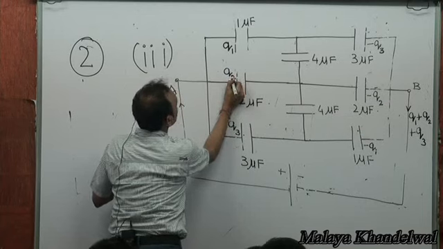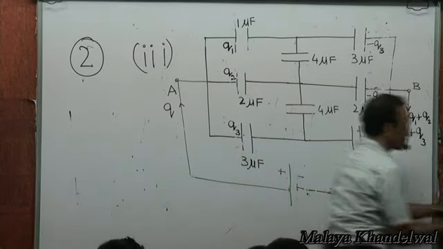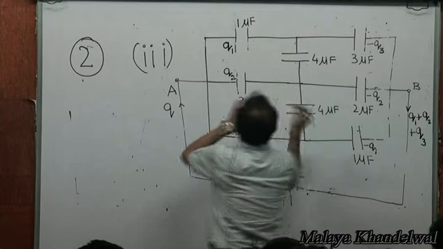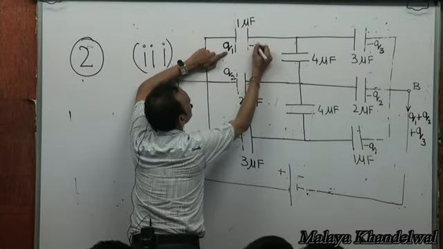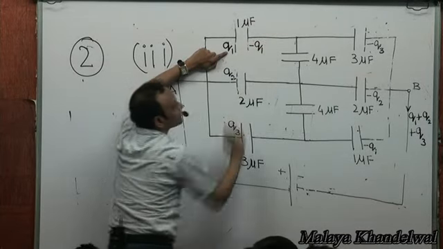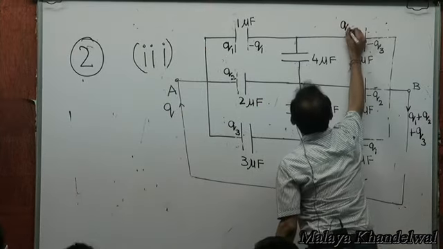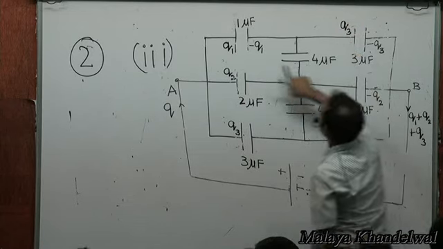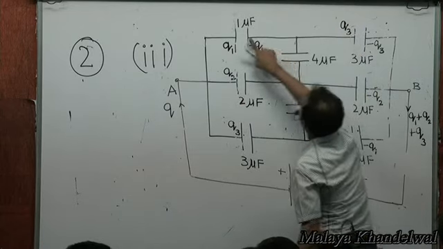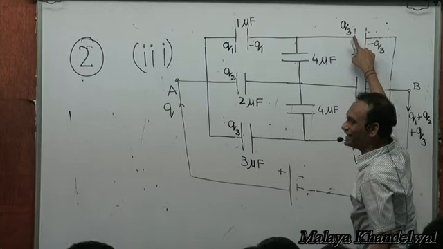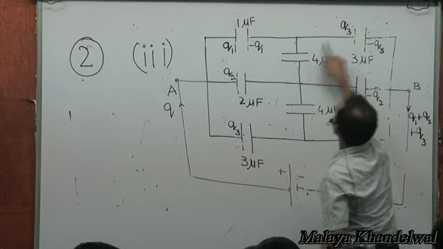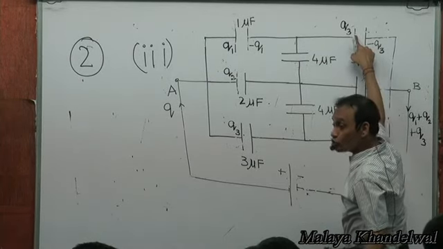Now notice then that if this is Q1, how much will this be? Minus Q1, right? If this is minus Q3, how much will this be? Q3. Now this is minus Q1, this is Q3. These three are electrically isolated. So the net charge on these three put together must be 0.